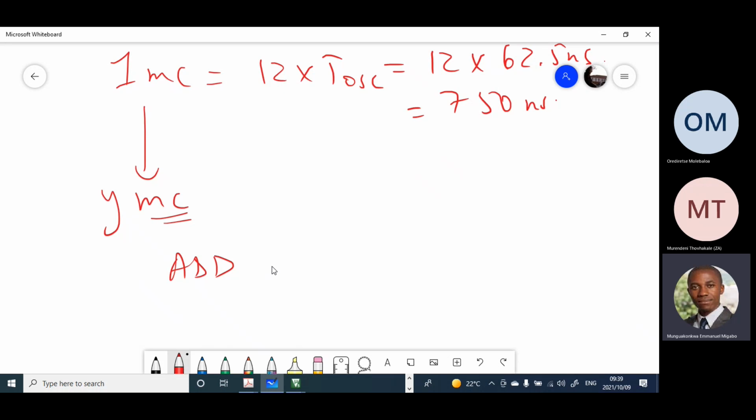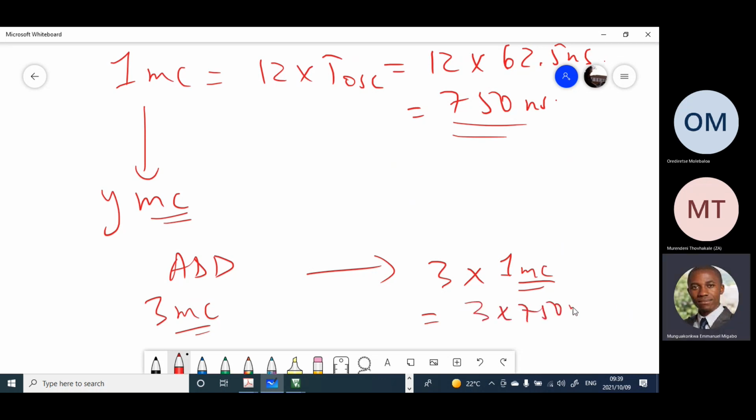If addition of two numbers takes 3 machine cycles to execute, and this is normally disclosed in the datasheet of the microcontroller, then to calculate how long it will take to execute in terms of actual time, you now say it will take 3 times the duration of one machine cycle, which in this case we computed to be 750 nanoseconds at 16 megahertz, so 3 times 750 nanoseconds.